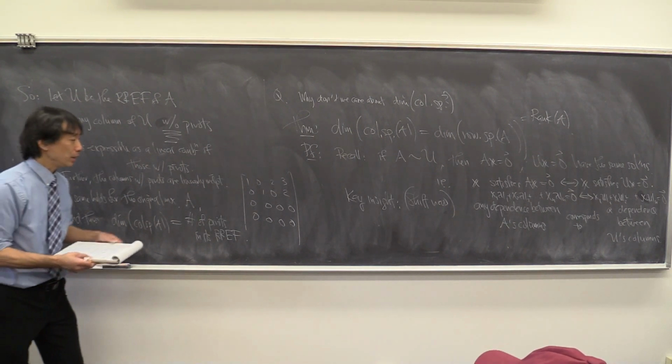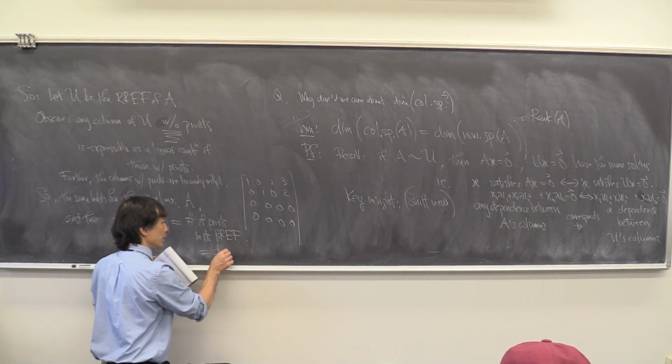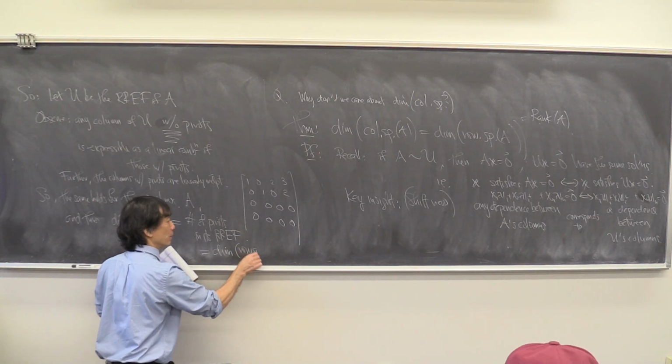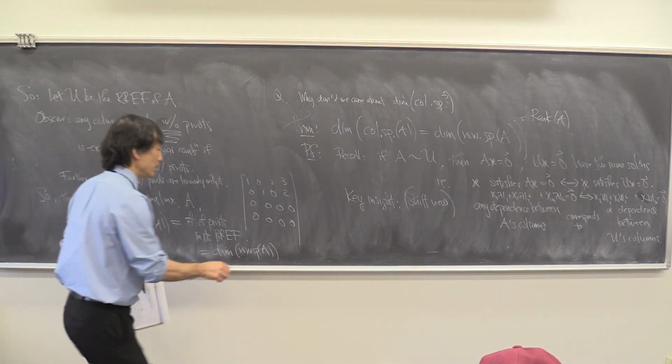But the number of pivots in the reduced row echelon form is the same thing as the dimension of the row space of A. So that's the rank.